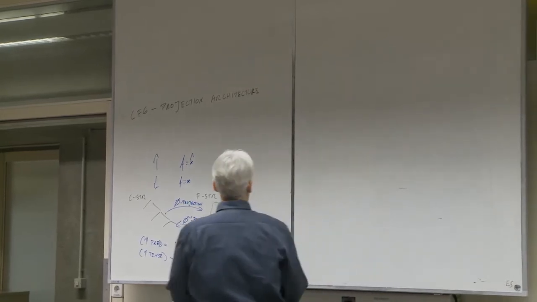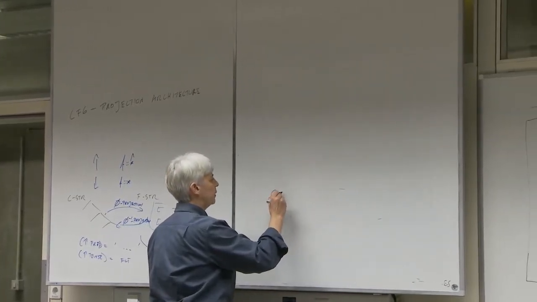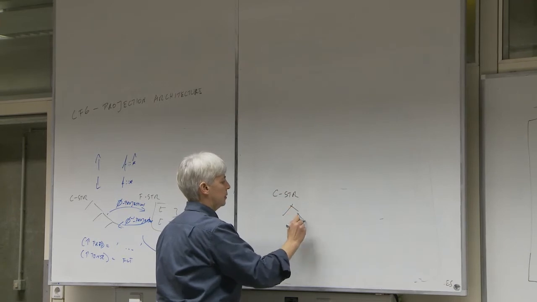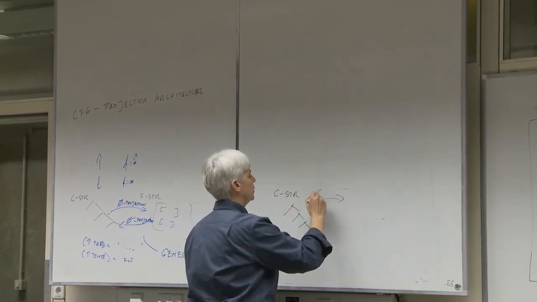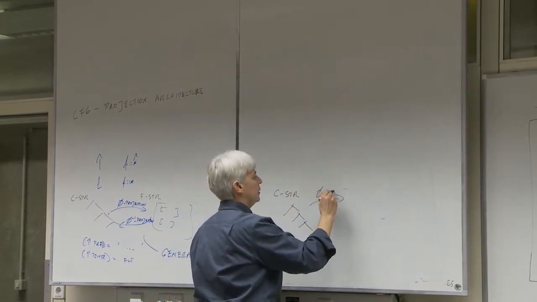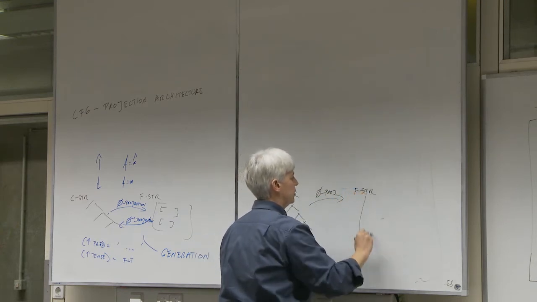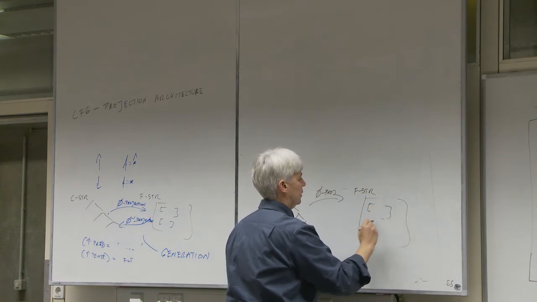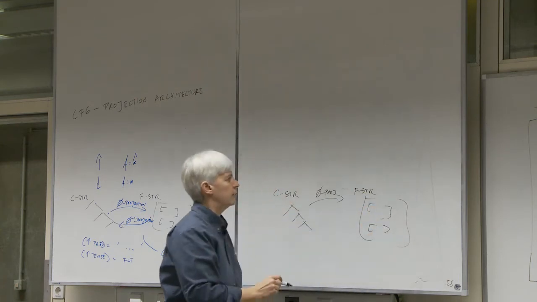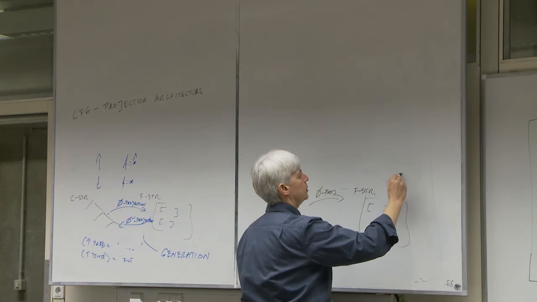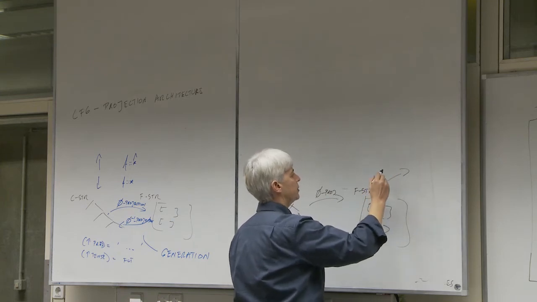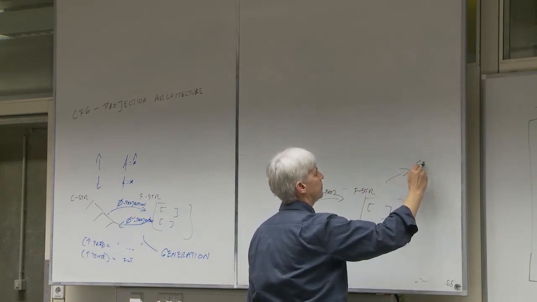Okay, so we have C structure. We can go to the F structure via the phi projection. In very classical LFG, you could also go then from the F structure to the semantics.